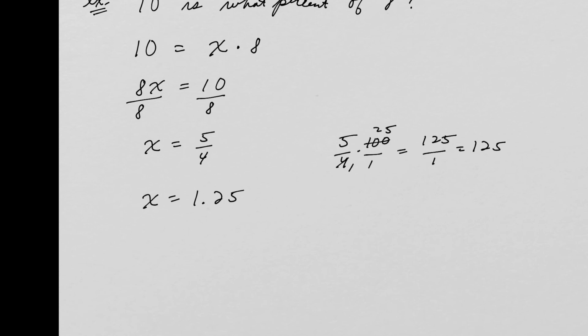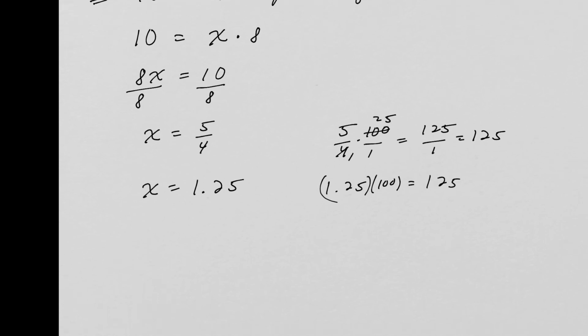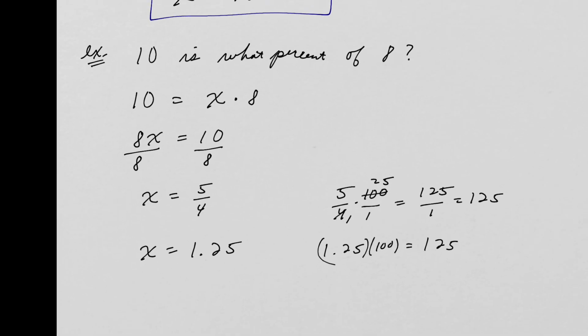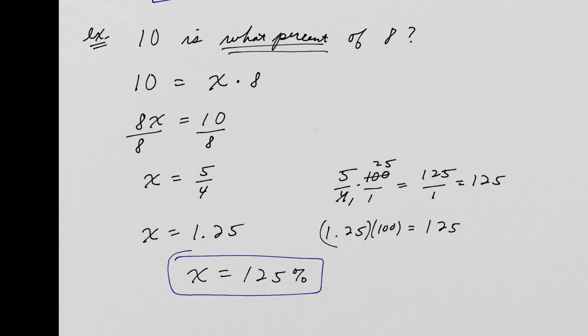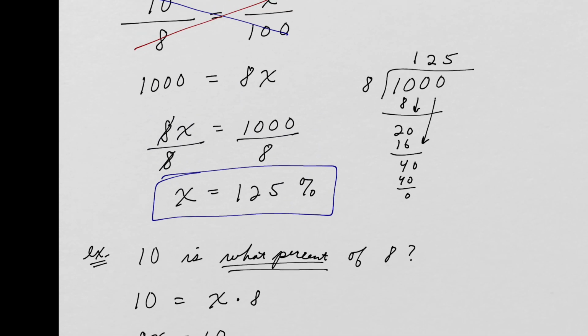Or I'd multiply 1.25 times 100, but that's the same thing as moving the decimal point 2 places to the right. So this would be 125. Okay, so in that case, if I set it up just as an equation where my unknown is percent, I have to remember that last step of actually writing it as a percent. But if you use a proportion to solve it, then you don't have to worry about it being a percent.